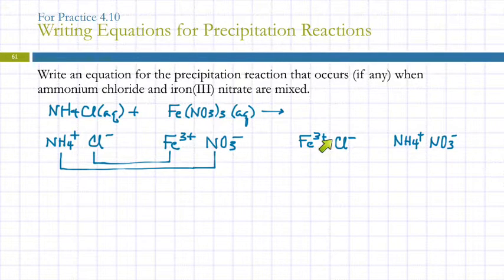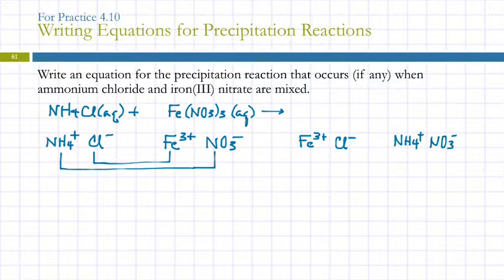Well, we could just go ahead and write these formulas, but maybe let's look and see, is either of these insoluble? So FeCl3, is it soluble? Yes, it is soluble. On the chart, the third row, the halides, chloride is one of them.